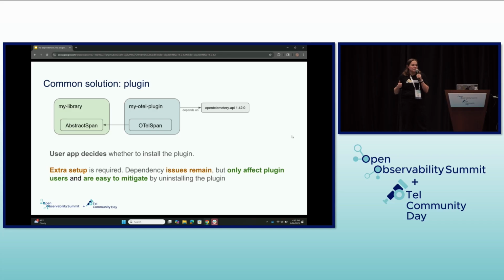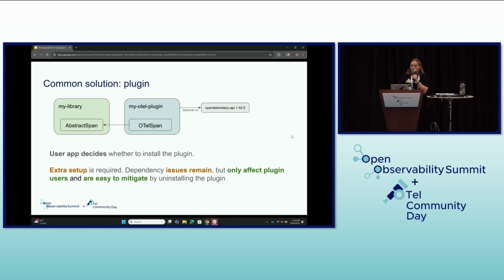But once they do, does it solve any of the problems? Nope. It only solves the problem that it's very easy to roll back. If your instrumentation causes a problem, you uninstall the plugin, you deploy your application, it's back to where it was. So it limits the blast radius, but it doesn't solve much.